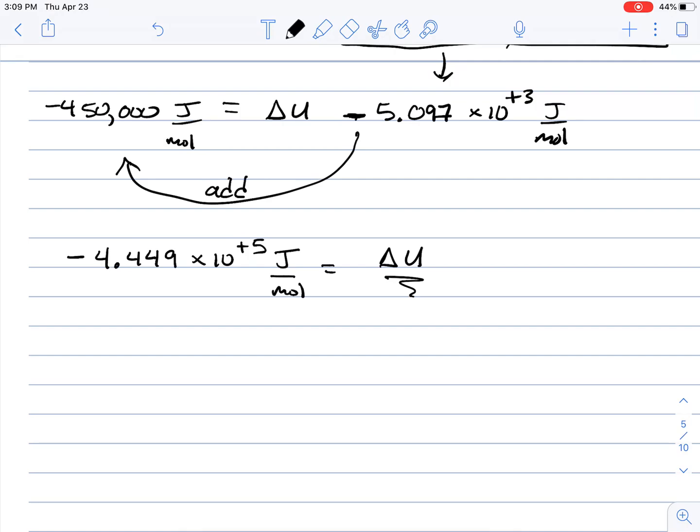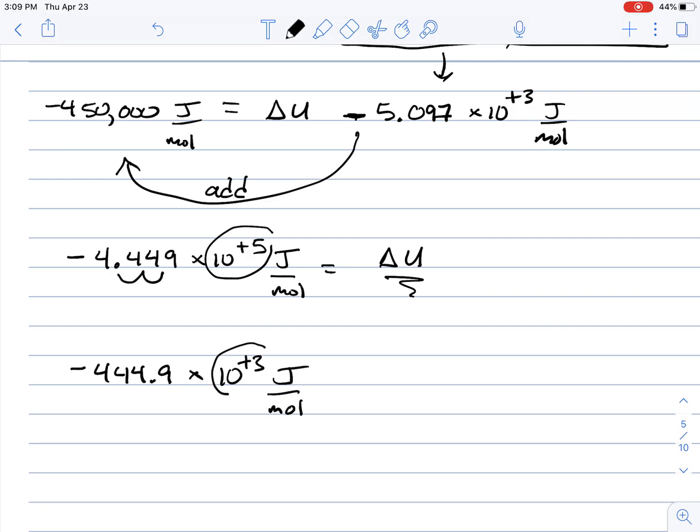Now, if I wanted to express this in terms of kilojoules, I can just move my decimal place 2 times to the right, 1, 2. And in doing so, I'll get negative 444.9 times 10 to the positive 3 joules per mole.